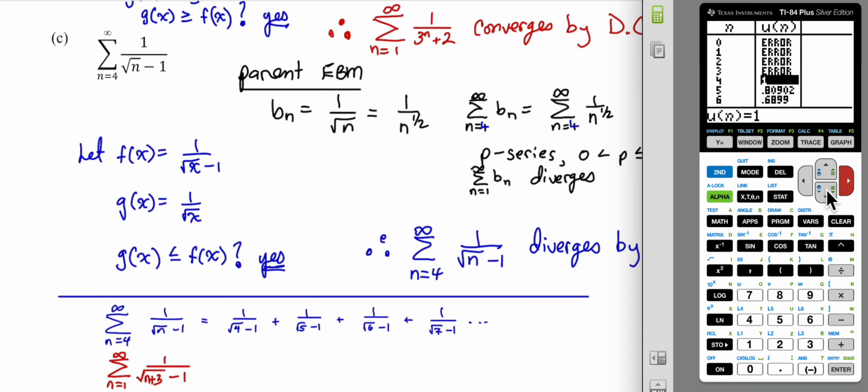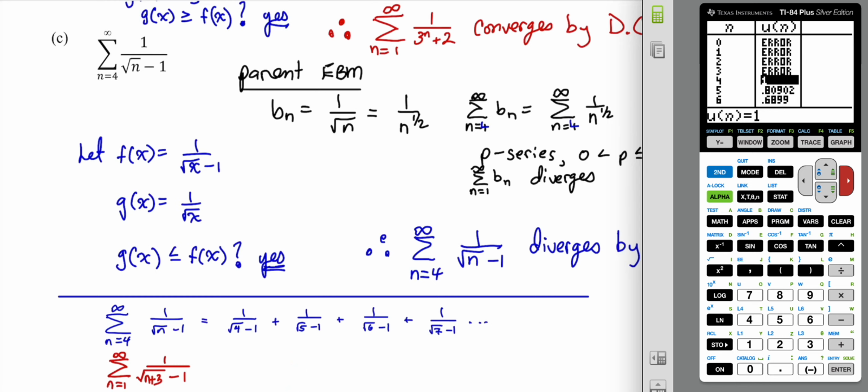So then if I were going for a parent function, what I would do is exactly the same thing, because I would take the 1 over the radical n plus 3. All right, so for my 1 over radical n plus 3, like I said, we strip down anything that's not part of the parent function, we'd still get the 1 over n.